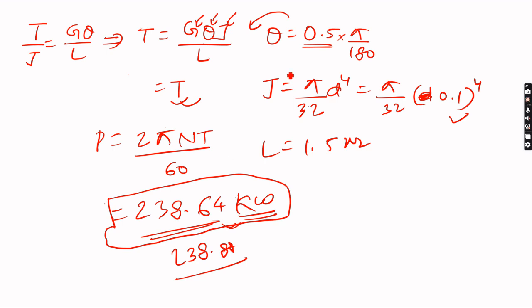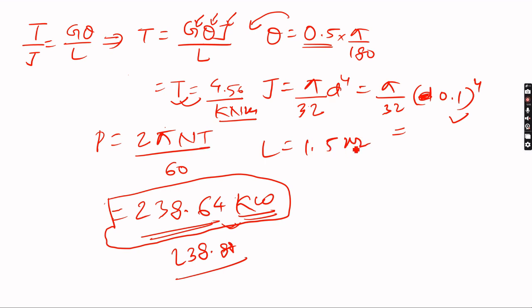Okay. Like all the values you put, how much J is coming, and then how much T is coming? Have you calculated how much T is coming? Yes sir, 4.56. Okay, 4.56, this will come in kilo Newton meter. Okay, then T you know.